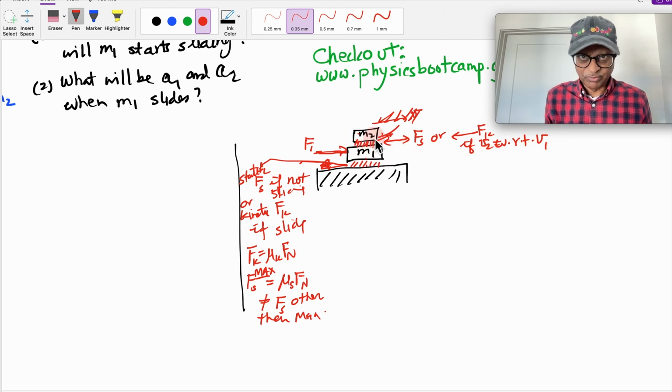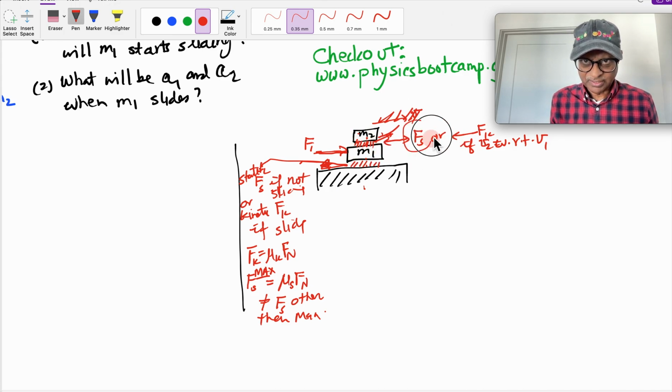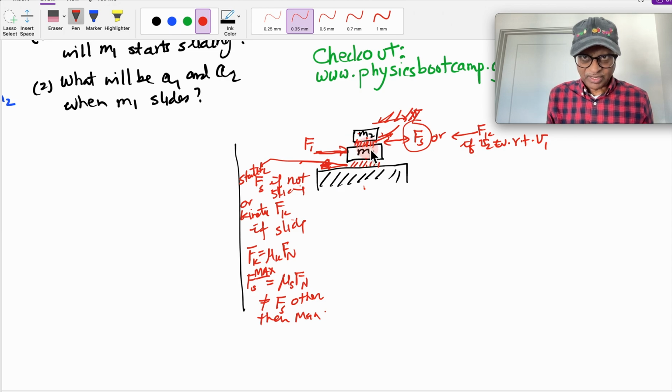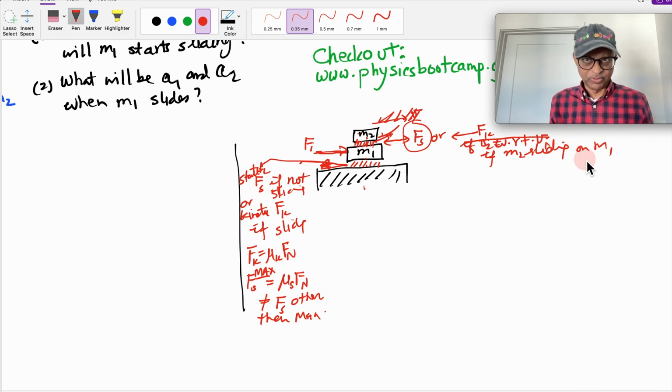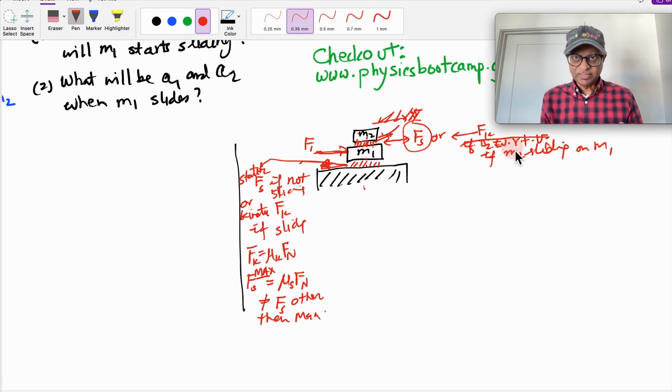So this M2 can move with respect to this, but if they're not sliding with respect to each other, then it will still be static. But only sliding, so it's F2 if M2 is sliding on M1. So that's the friction picture.